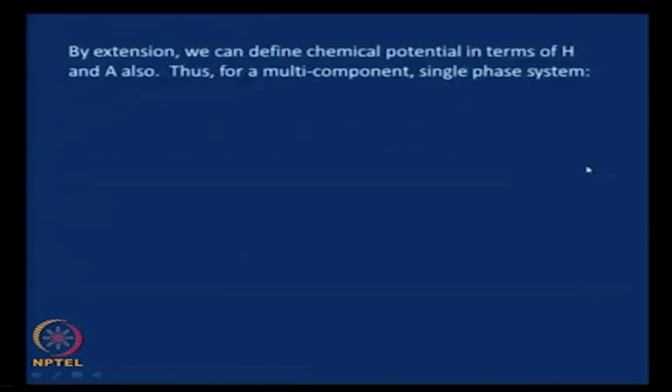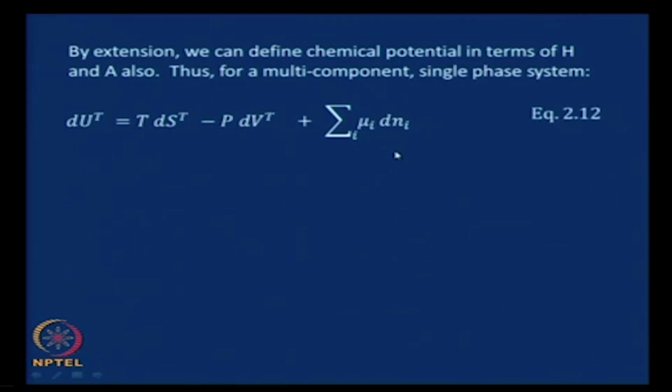I have already mentioned this, but let me complete the definitions here. So, by extension, as mentioned earlier, we can define chemical potential in terms of enthalpy H or the Helmholtz free energy A. Therefore, for a multi-component single phase system, dUt equals T dSt minus P dVt plus summation of mu i dni, equation 212.